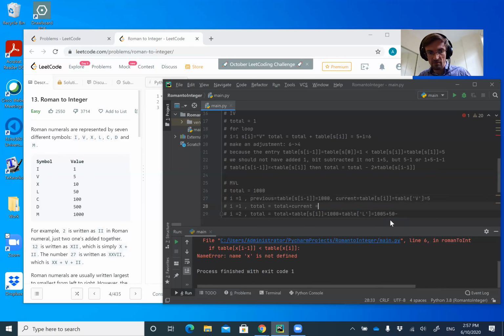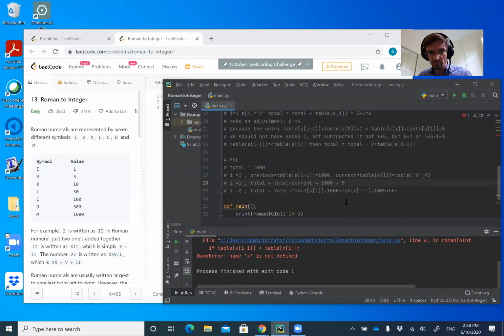Which is 1000 plus 5, and then for I equals 2, same thing.